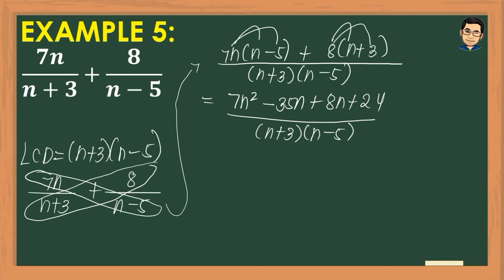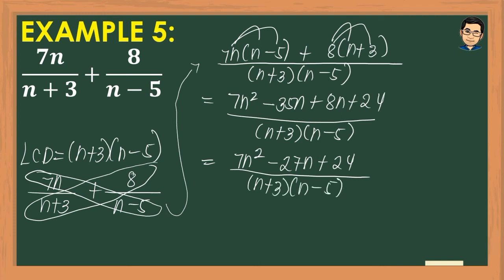And then we combine like terms. 7n squared. And then yung negative 35n tsaka 8n. So, magkamukha po kasi sila ng term. So, i-add lang natin, that is negative 27n plus 24. All over n plus 3 times n minus 5.